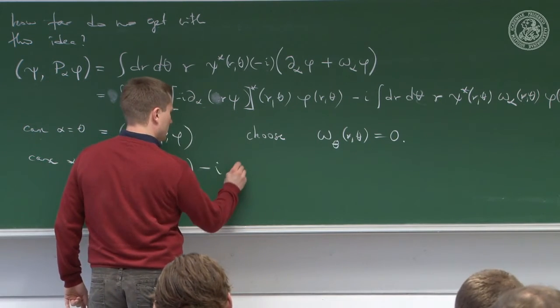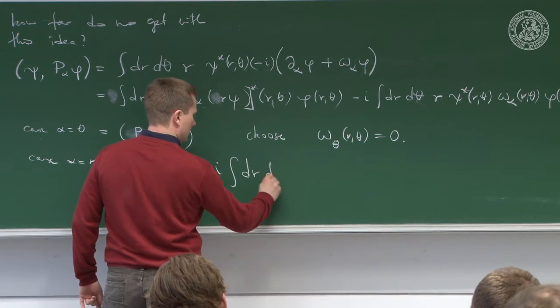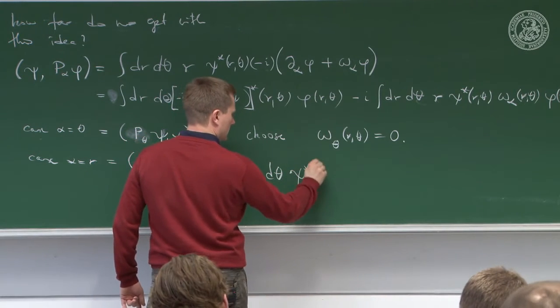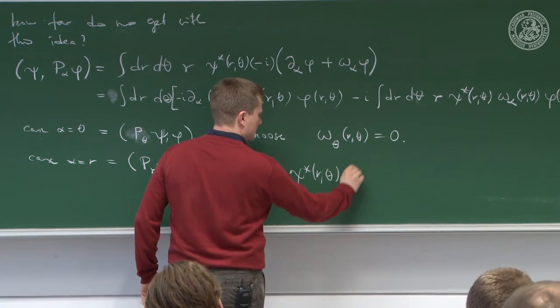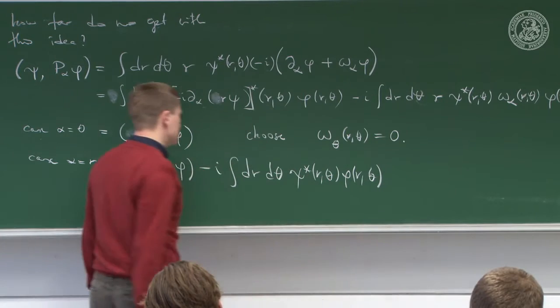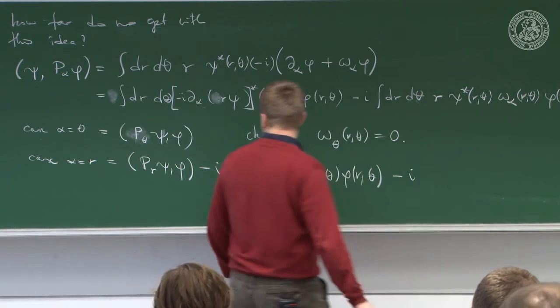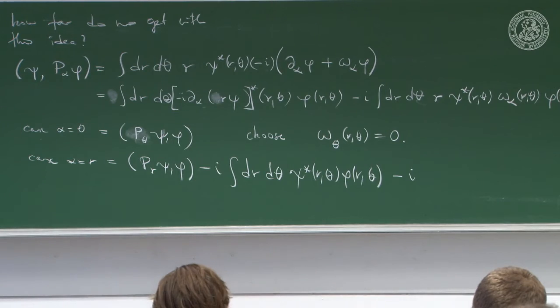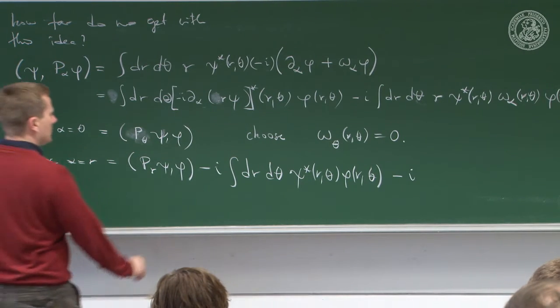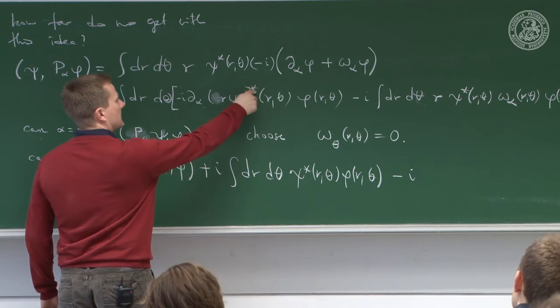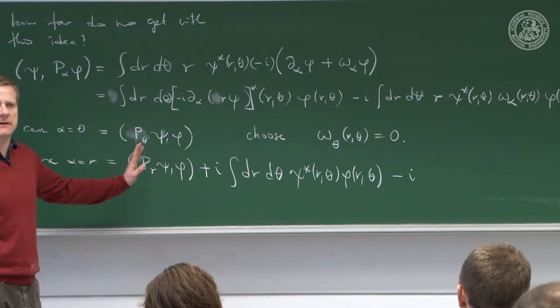Minus I. Yeah. Exactly. Thank you. Yes, that was it. We have this minus I, and then we have another minus I. Aha. And that minus I was correct? It was a plus I, because this guy here is starred. I think it must be a plus I.